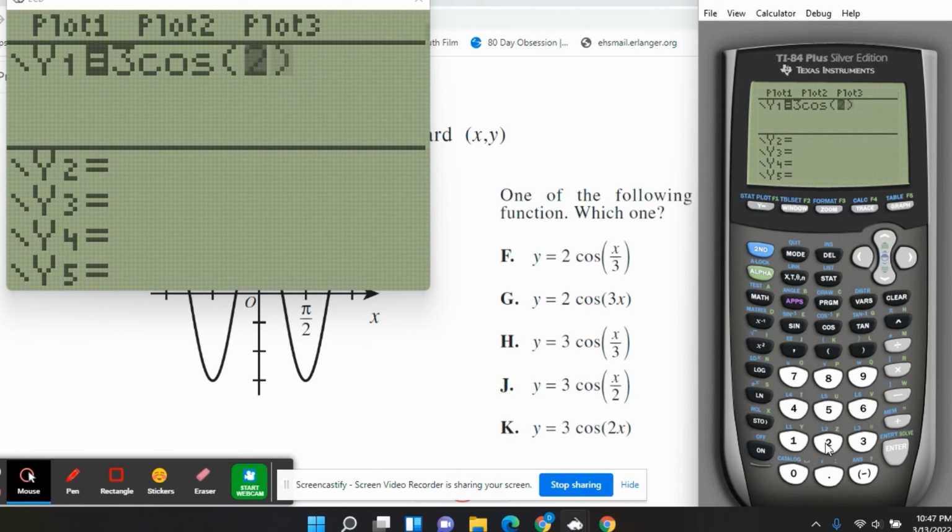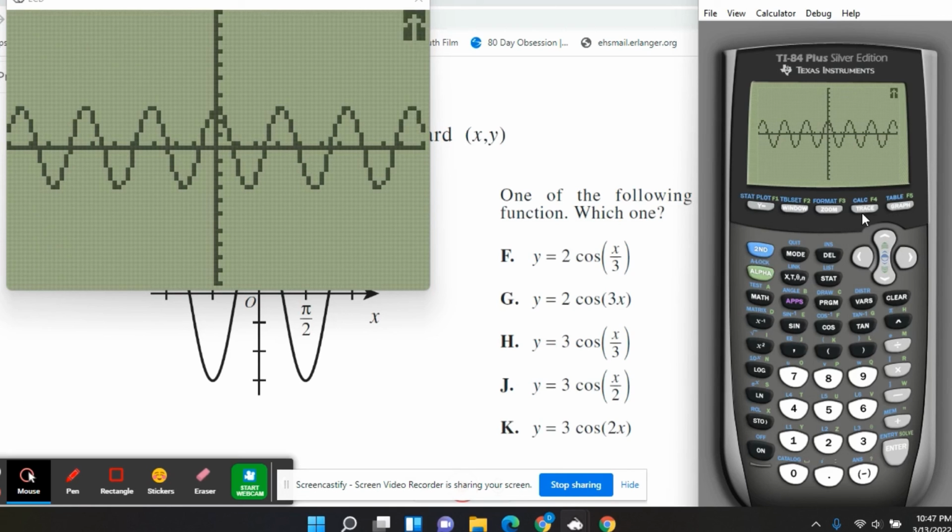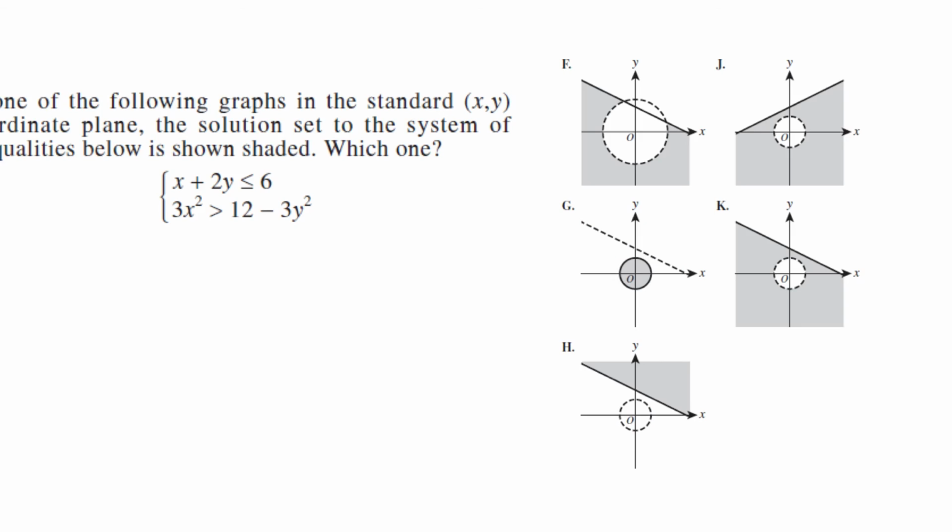Let's see if it is 2x. Graph looks like that. Looks a little bit more like the graph we're supposed to be looking at. And then I calculate the value of pi over 2. And there you can see the value is negative 3. So that means that is my correct answer.